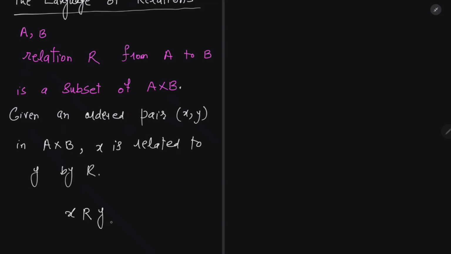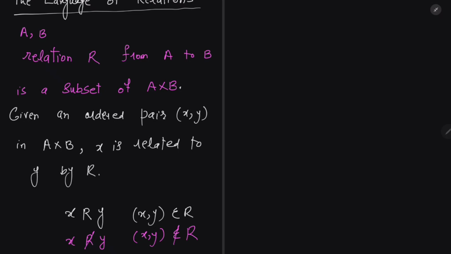So x R y means that the pair x, y belongs to that relation. If the pair x, y is not in the relation, then we write that x, y does not belong to R. So that's how we define the relation.